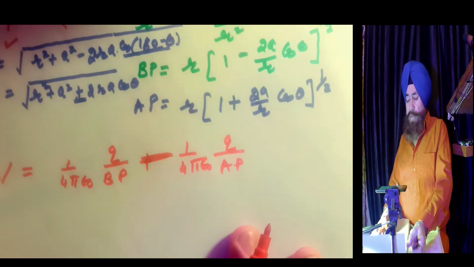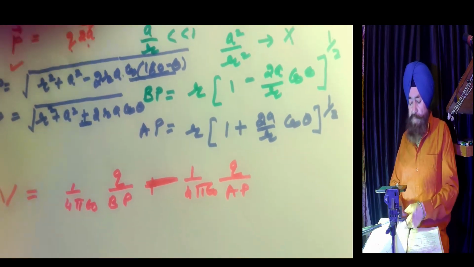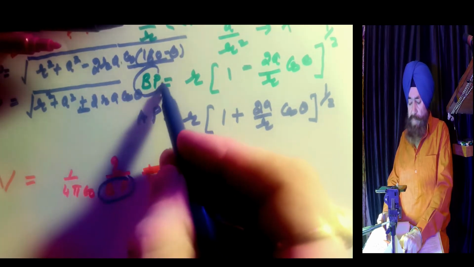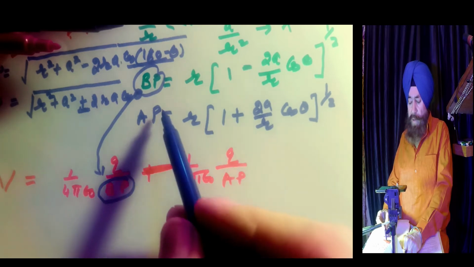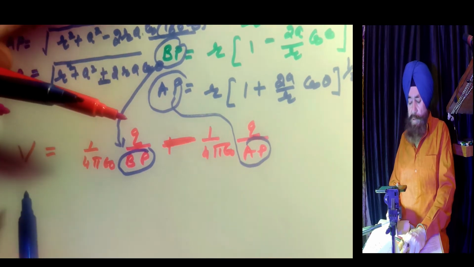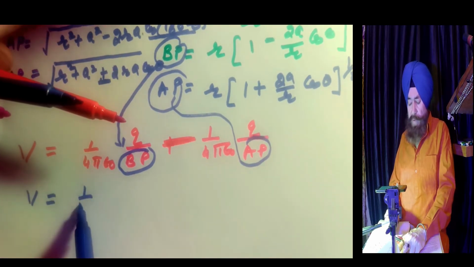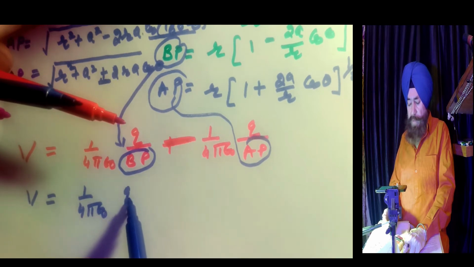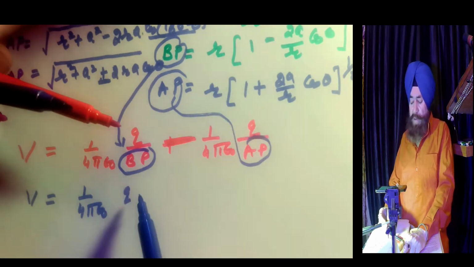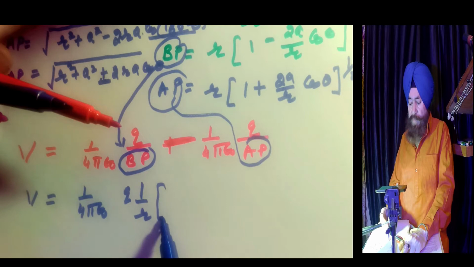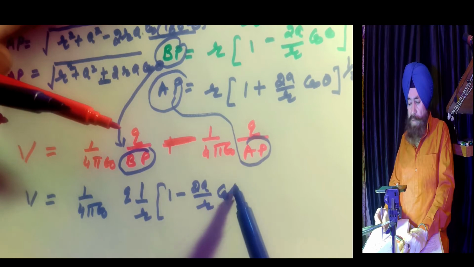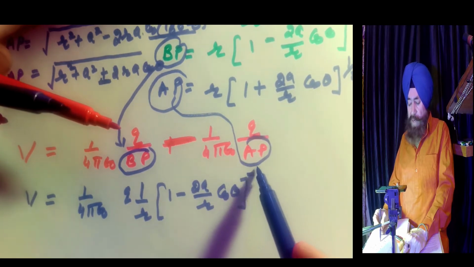Now here, substituting the value of BP here and AP here, the potential becomes constant Q, and it becomes BP, 1 upon R, 1 minus 2a upon R cos theta raised to power minus 1 by 2.